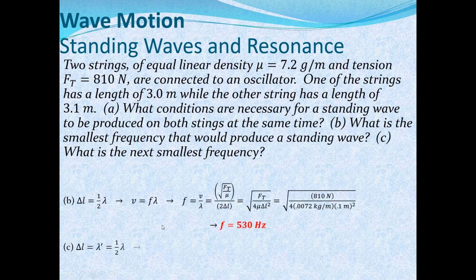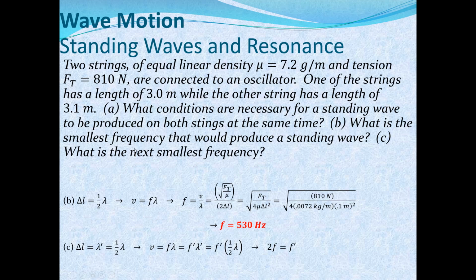Or what I could do is something similar to what I did before and say, well, this is just a full new wave, which is half of the original wavelength. Doing the math, you can actually find that the new frequency is twice the first. Very similar to the way that the fundamental frequency and all the other harmonics were found.